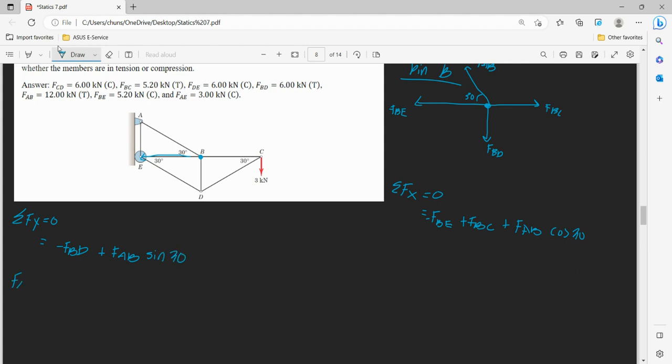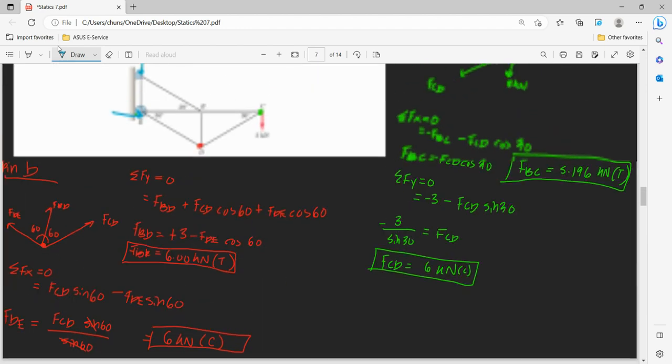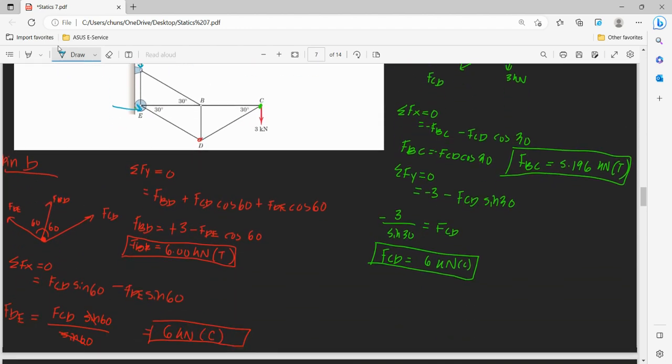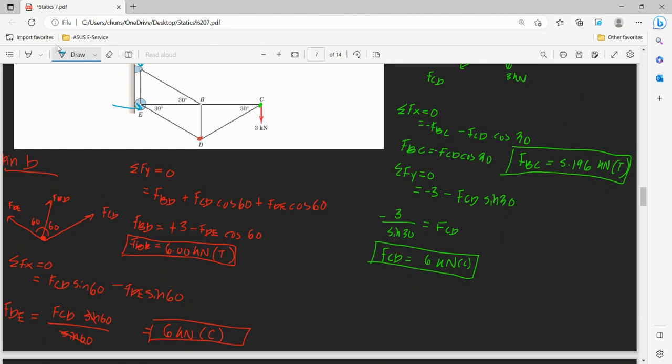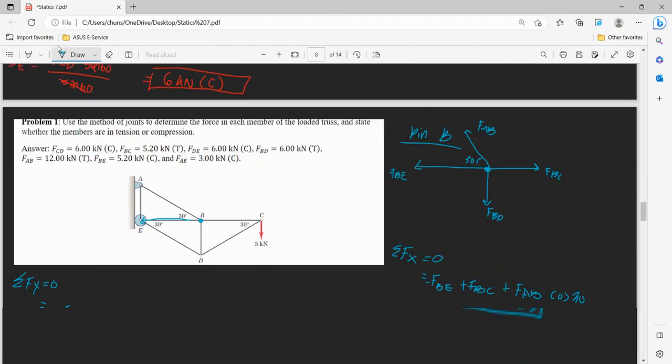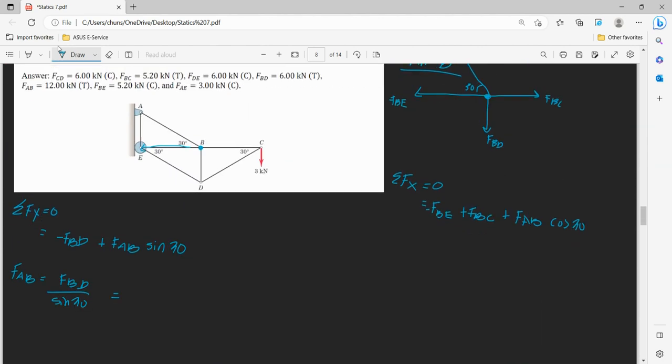So FAB is equal to FBD over sine 30, and FBD was equal to 6 kilonewtons, so positive 6, divided by sine 30, and this gives us 12 kilonewtons, and it's positive, so that's in tension, which is correct with our answer key.